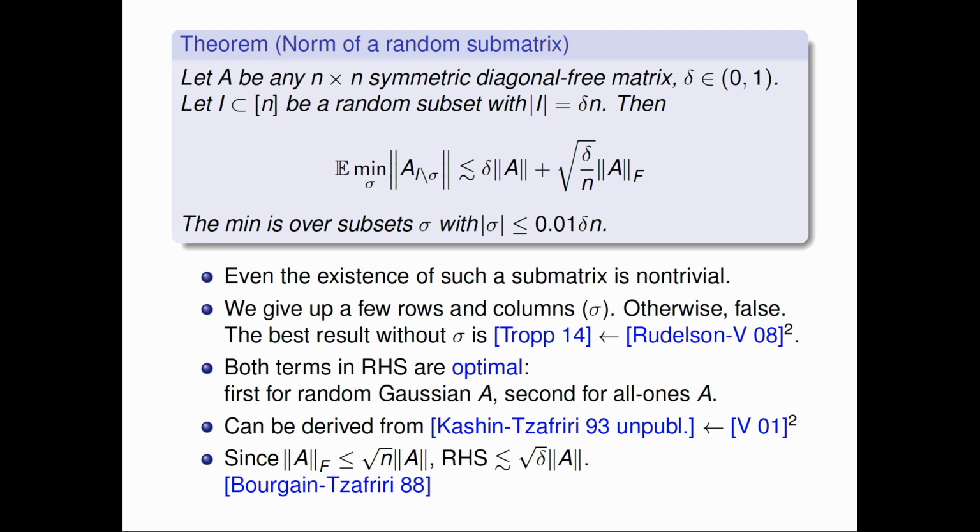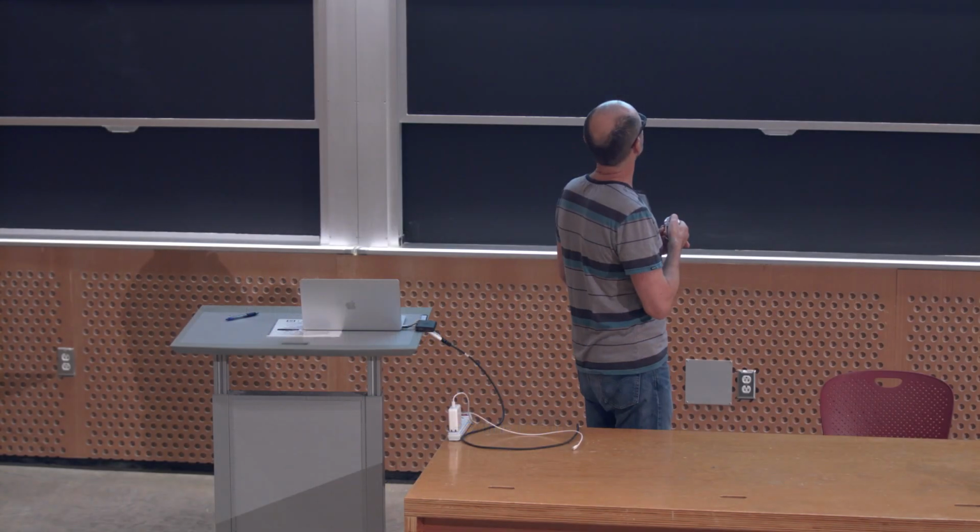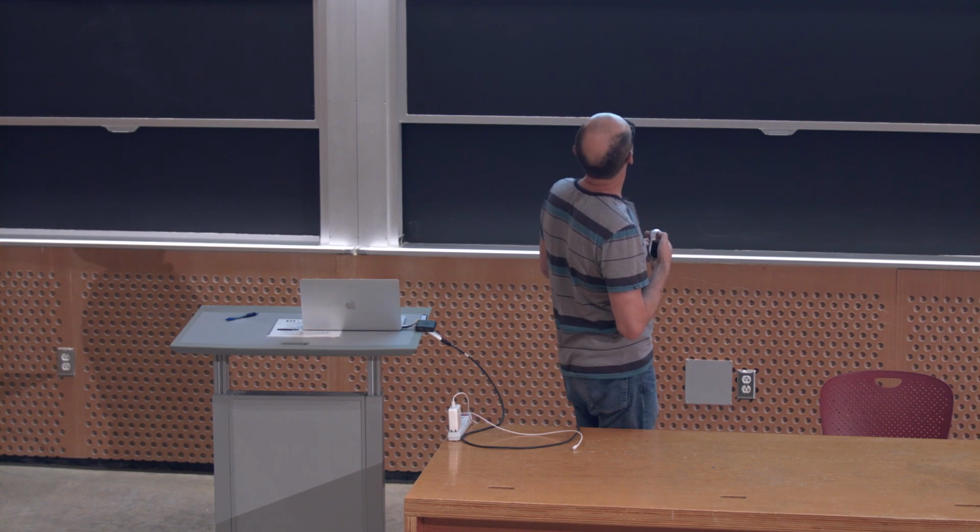So A is a deterministic symmetric matrix, and I, the subset, is random. So we cut out from a symmetric matrix a random symmetric submatrix. And when you say Gaussian A, is that also symmetric? Oh, symmetric, yeah, right. Everything is symmetric, yes, correct.